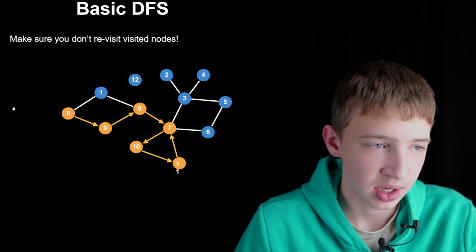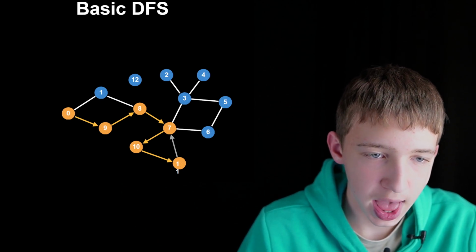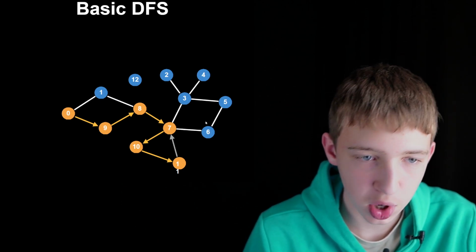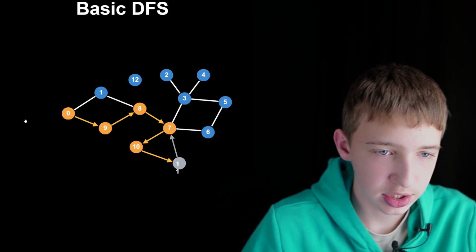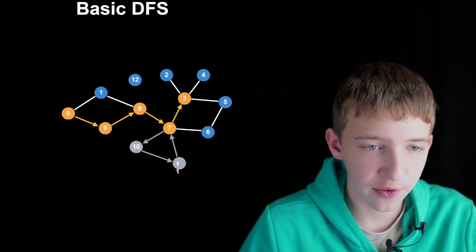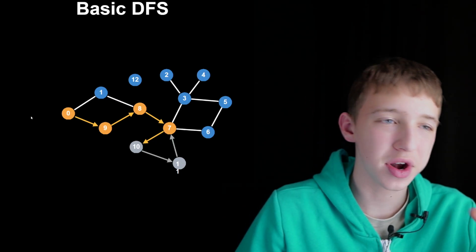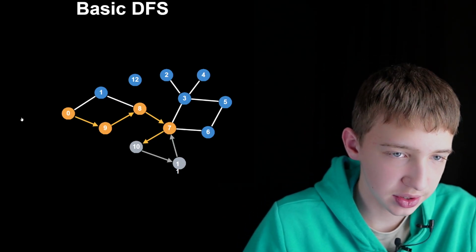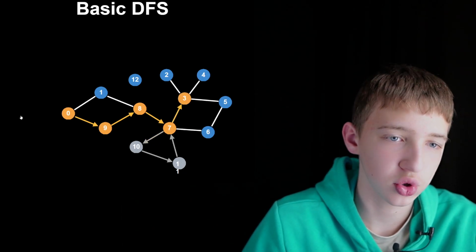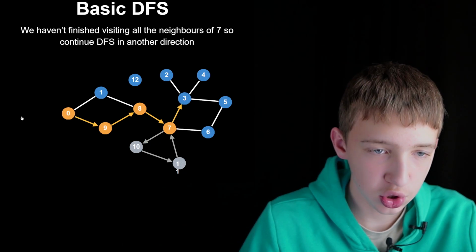All right, let's look at how it traverses. Since we cannot go any further from node 11, we'll backtrack first to 10, then to 7, and from node 7 there are some more neighbors, that is 3 and 6. So we can go to node 3, for example, and from there we'll go to node 2.